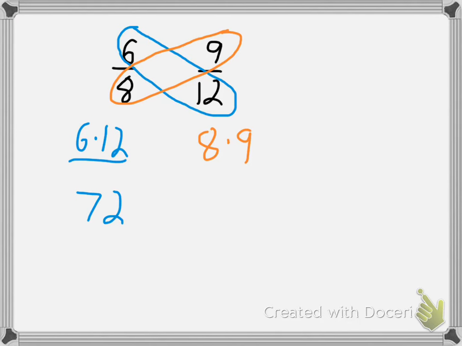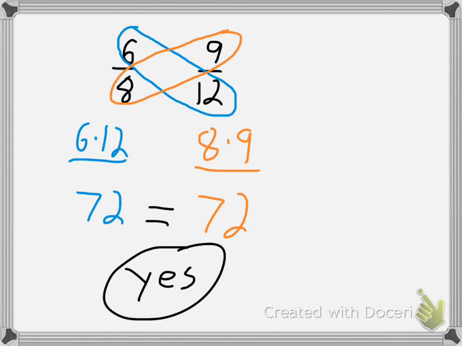And 8 times 9 is 72. If these form a proportion, these two numbers should be the same. And 72 is equal to 72. So yes, these do form a proportion. 6 over 8 is equal to 9 over 12.